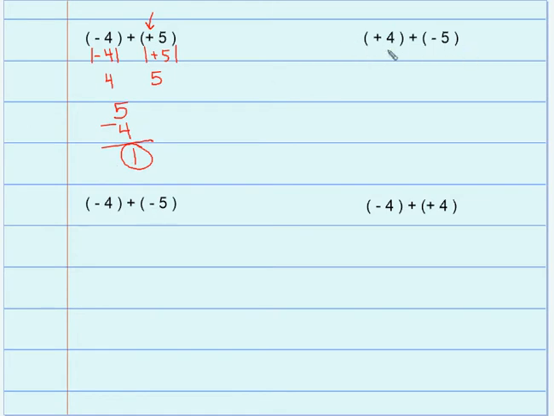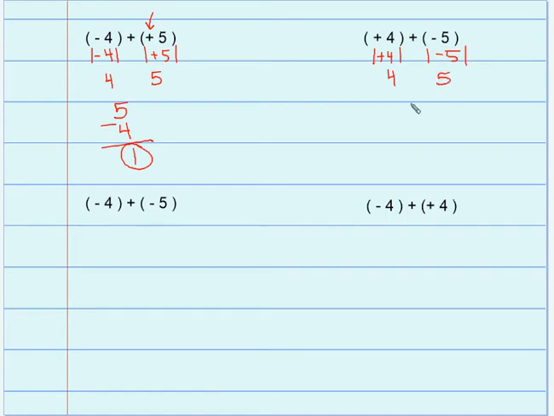Okay, over on the right hand side, I have +4 plus -5. So again, we are adding, and they are different signs. So find the absolute value of each of these. So the absolute value of +4 is 4, and the absolute value of -5 is 5.